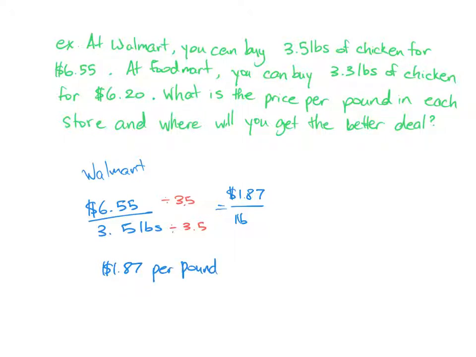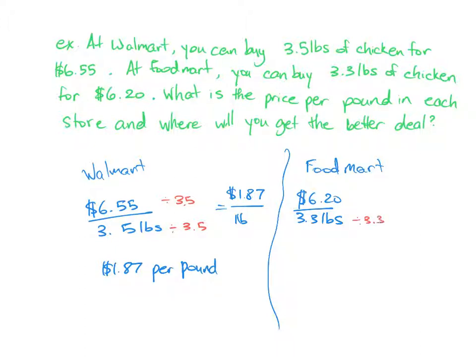Now we can go ahead and do the same thing for Food Mart. All right, so here we have Food Mart on this side, and the cost at Food Mart is $6.20 for 3.3 pounds. So now we can go ahead and divide the numerator and the denominator by 3.3.